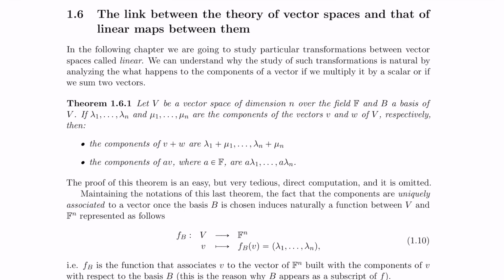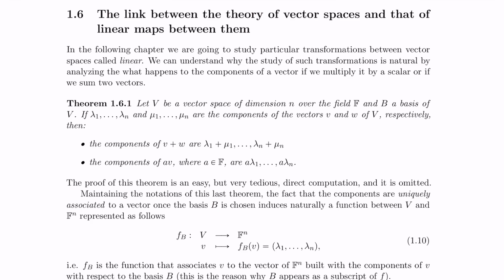Then, with a direct computation, it can be proven that the components of the sum of these two vectors are given by lambda1 plus mu1, etc., lambda n plus mu n. Similarly, we can verify that given any scalar a belonging to the field F, the components of a times v are simply the original components of v multiplied by a.